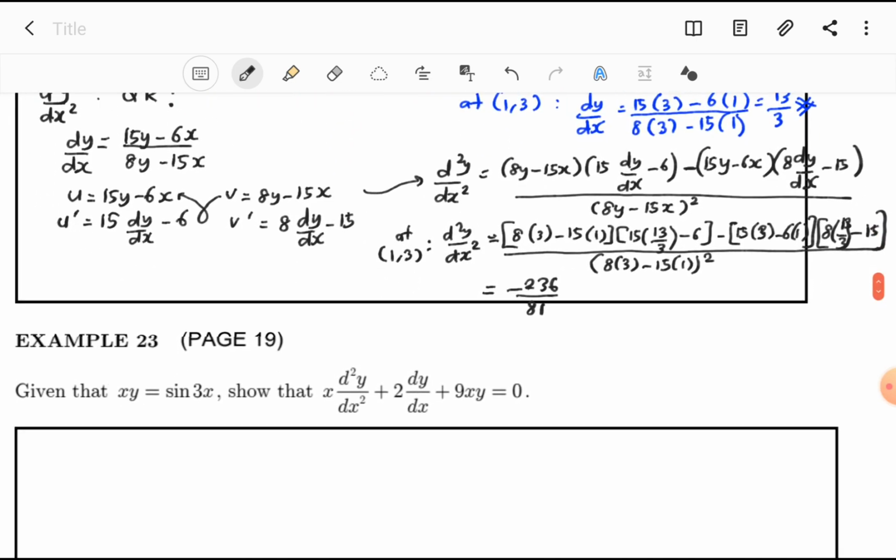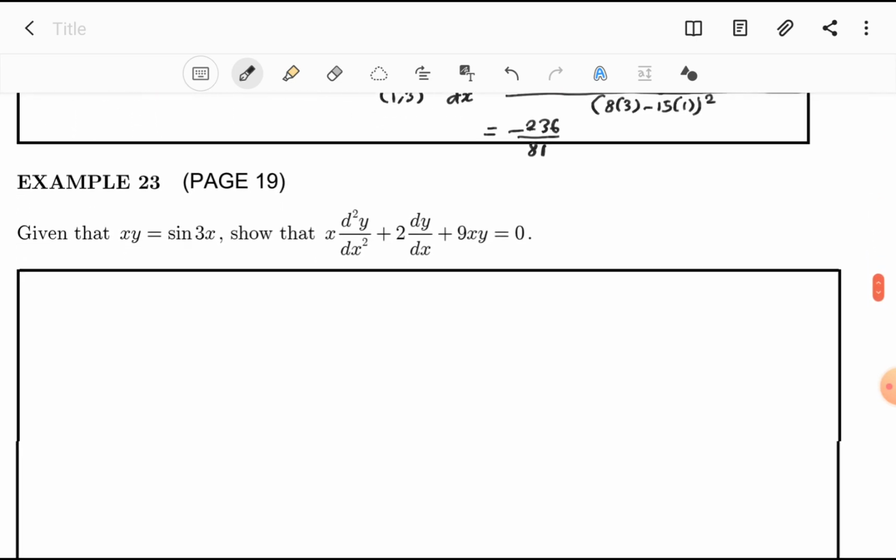Now we go to the next example, number 23. Given x times y is sine 3x, with x times y in multiplication form, so we will use the product rule.